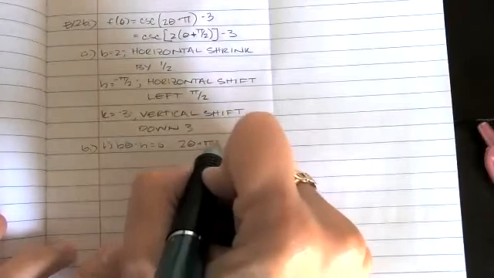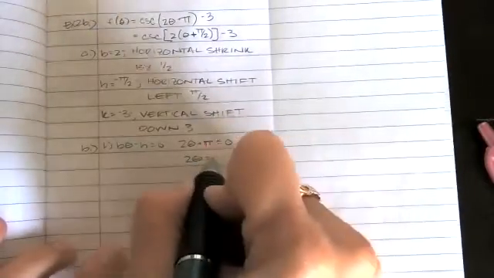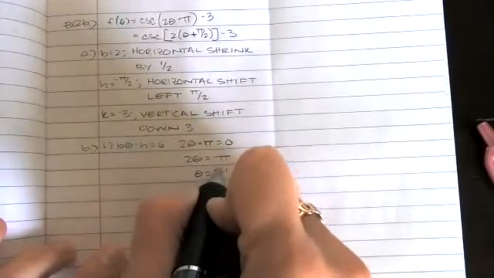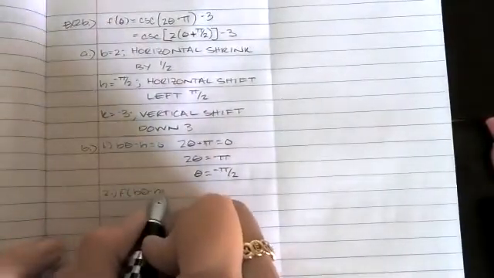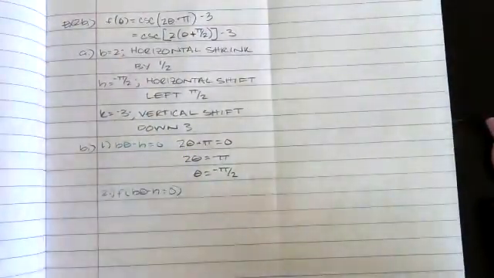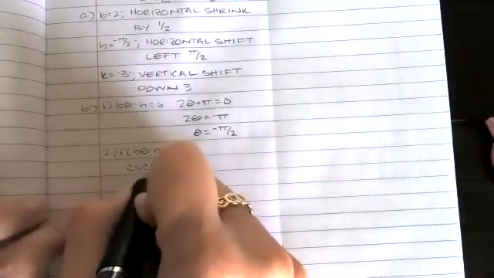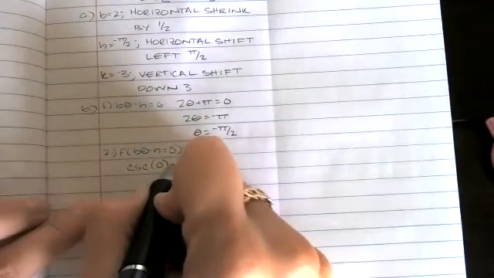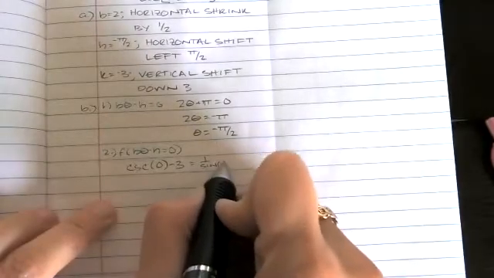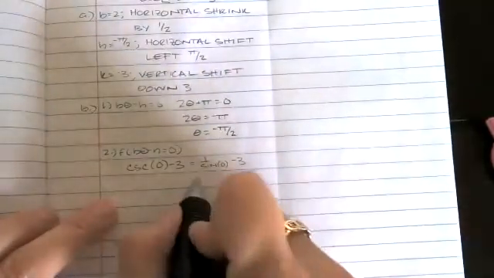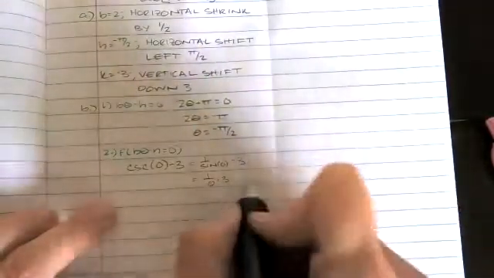So we've got 2 theta plus pi. If I set that equal to 0, I've got 2 theta equals negative pi, and theta equals negative pi over 2. So that's good. That's what we predicted would happen. The second step is we plug it in and see what we get. So we've got the cosecant of 0 minus 3. So the cosecant, remember this is 1 over the sine of 0, but the sine of 0 is 0. So that gets us a vertical asymptote.